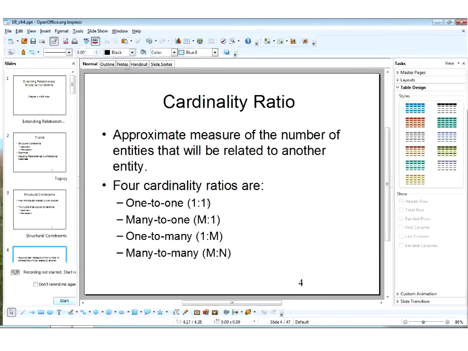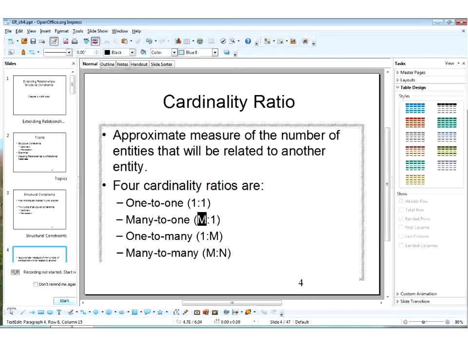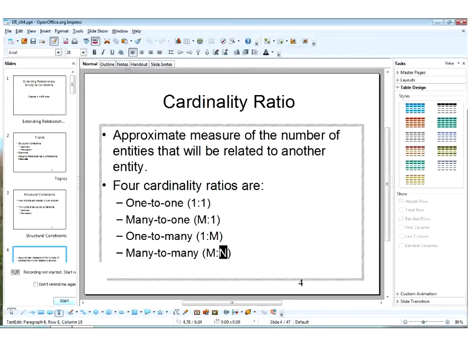So you have four types: 1 to 1, M to 1, 1 to M, and M to N. And this is where M and N are just any old variables. Remember from algebra and beyond, and even pre-algebra, M and N can represent any number. In our case, they're whole number integers, okay?